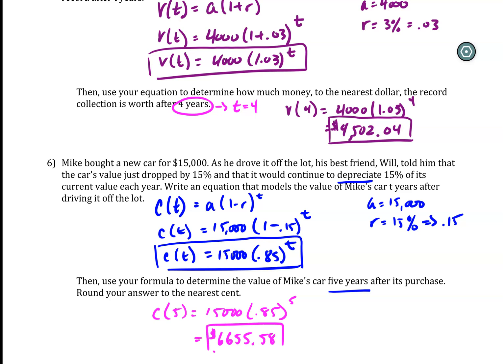So after 5 years, his car has depreciated, not half, but pretty close to being half of that. So unfortunately, that's a pretty rapid decrease in its value. But again, there's truth to that. Like I said, once you drive your car off the lot, it did in fact depreciate in value.